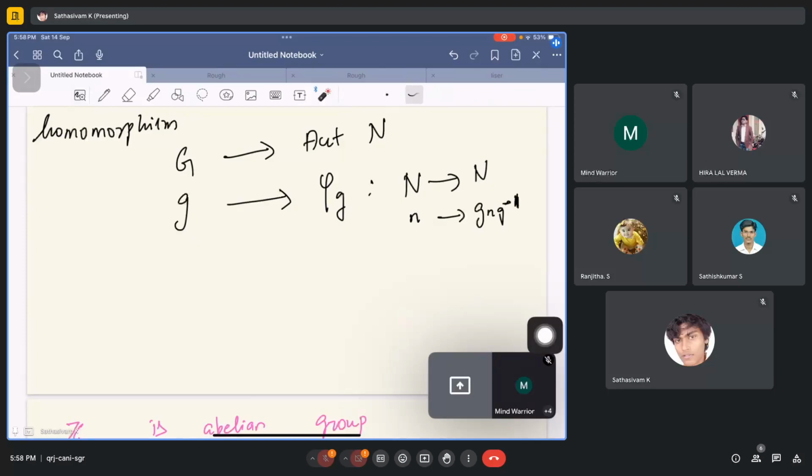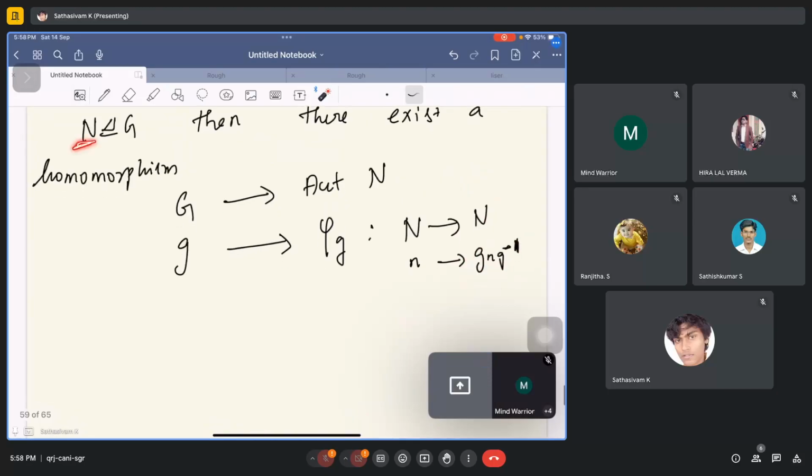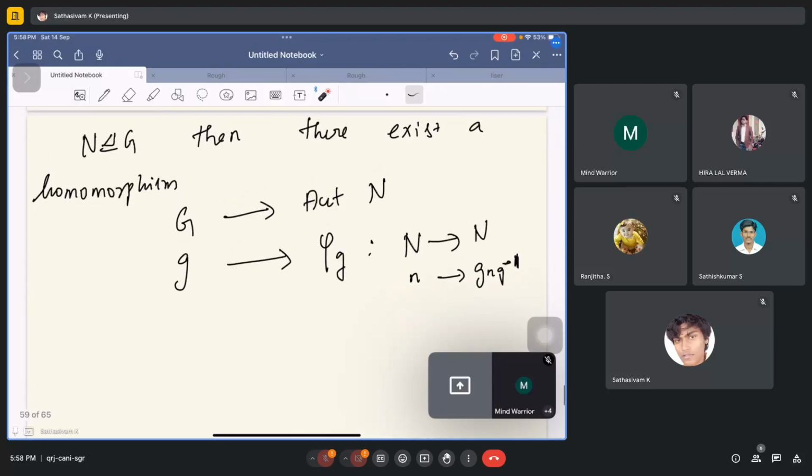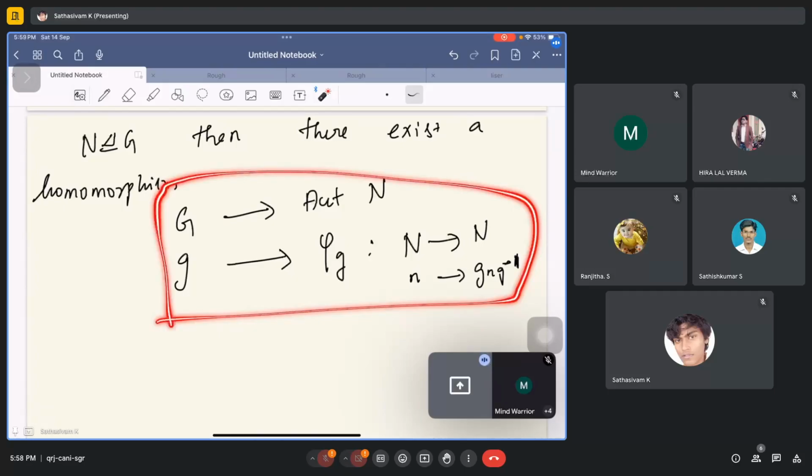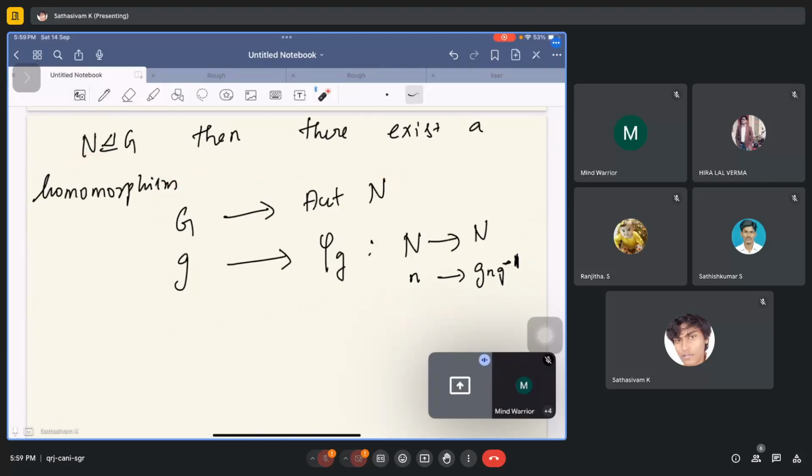To make this map well defined, you have to prove that g n g inverse must be in N. That is why you need the normality. If you have normality, then g n g inverse actually belongs to N. And one can check that this is actually a homomorphism. So this homomorphism always exists as long as you have a normal subgroup here.